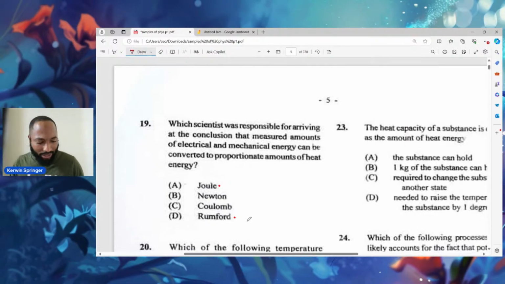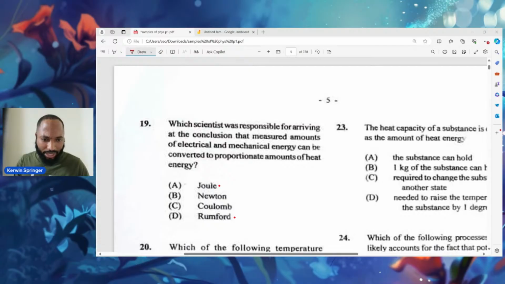Let me just double check. One did a little cannonball something. Let's see. My sidekick here. Yeah, they're saying it is Joule.